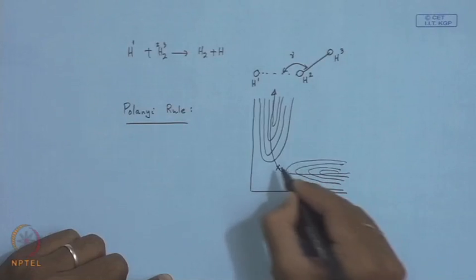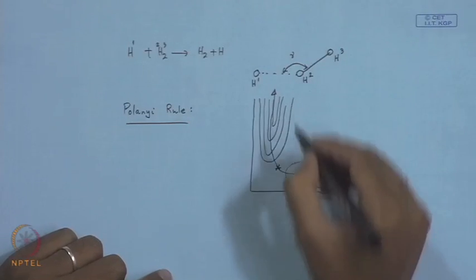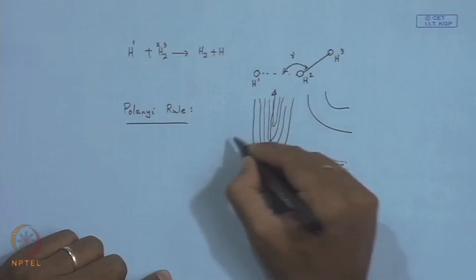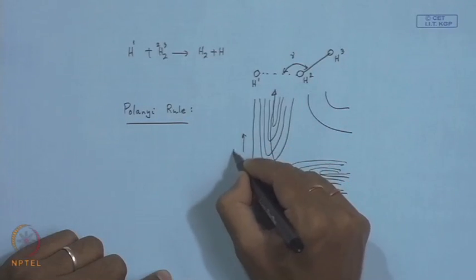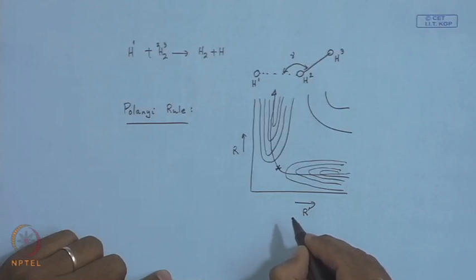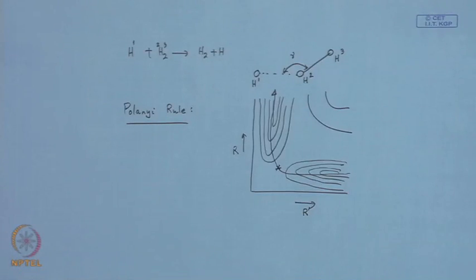This is your transition state for the symmetric reaction, with r and r primed. Now, what happens if your transition state resembles more the product or more the reactant? What is going to happen?